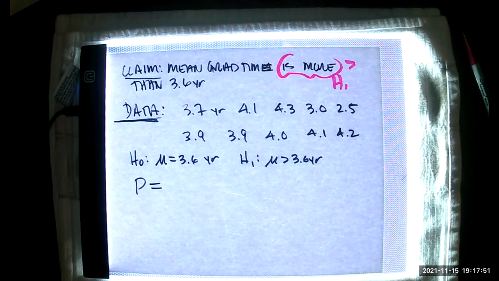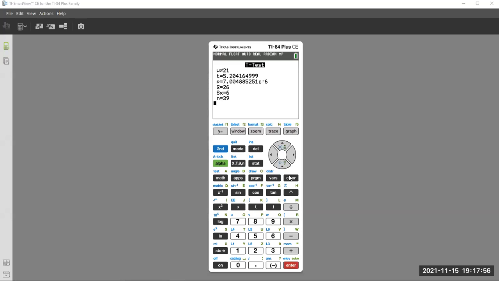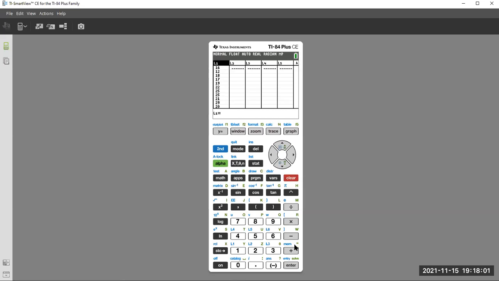All that data has to be entered into your calculator. And we've got 3.7, 4.1, 4.3, 3.0, 2.5, 3.9, 3.9, 4.0, 4.1 and 4.2.